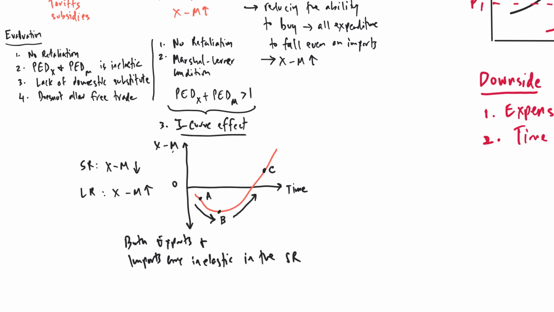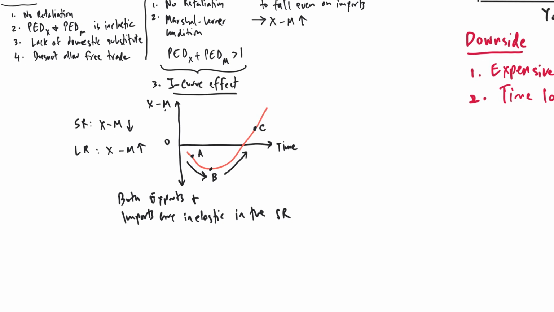For example, consumers find it difficult to switch from one good to another, domestic producers find it difficult to switch to domestic substitutes, or there might be a lack of domestic substitutes. Whatever the reason is, they are inelastic in the short run, which would mean that if, for example, devaluation makes imports expensive, this may actually result in things becoming more expensive. But in the long run, when people find cheaper substitutes and so on, people would be able to switch, and this would actually result in X minus M improving.